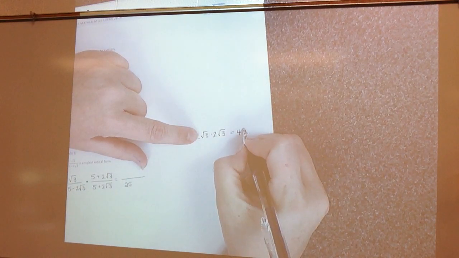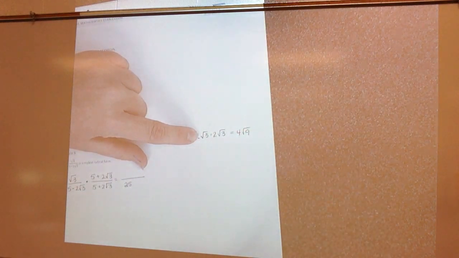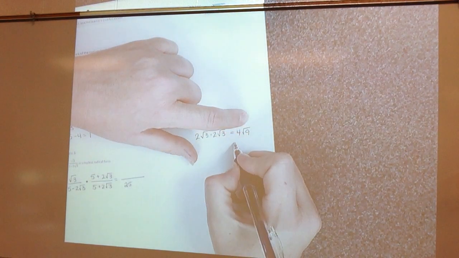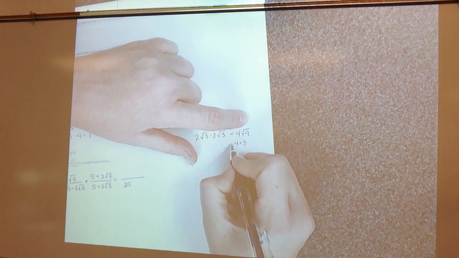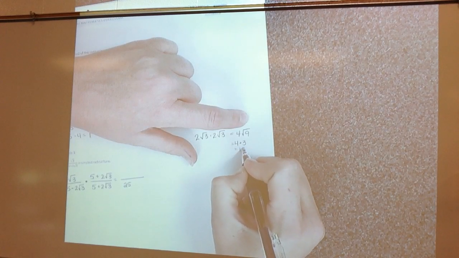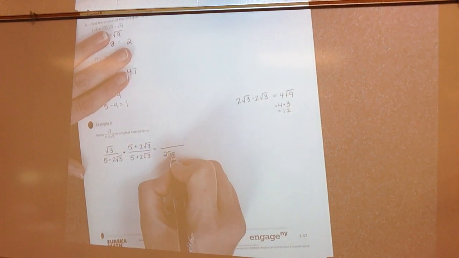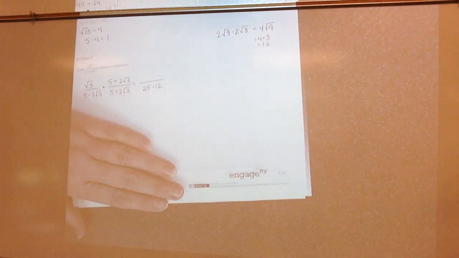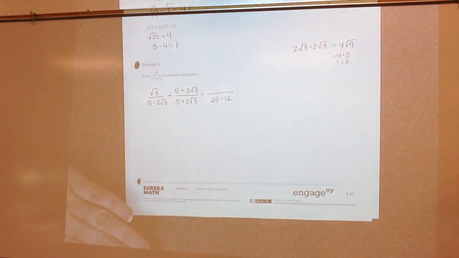The square root of 3 times the square root of 3 is the square root of 9, which is 3. So this becomes 4 times 3, which is 12. So now all I've got here is 25 minus 12. My radical is now gone from the bottom of my problem.